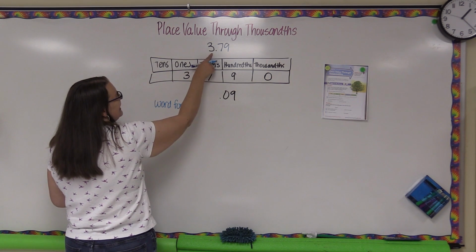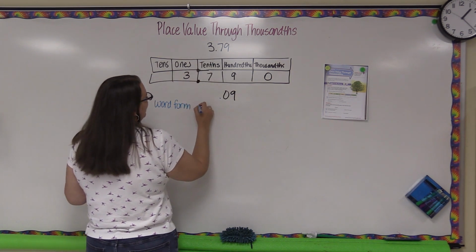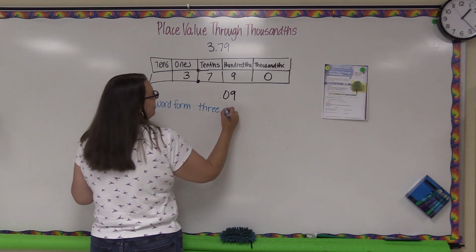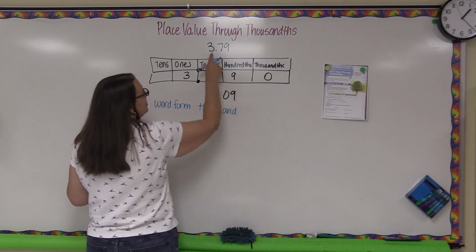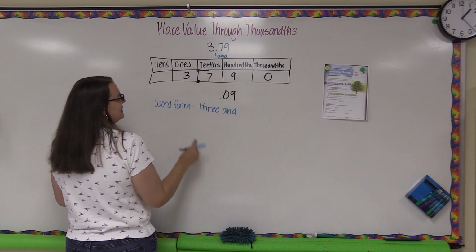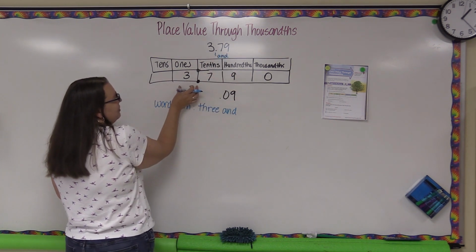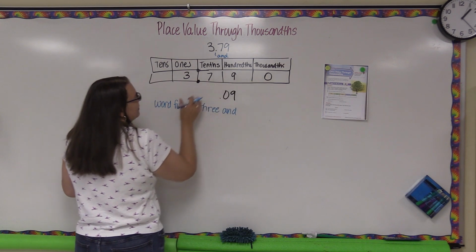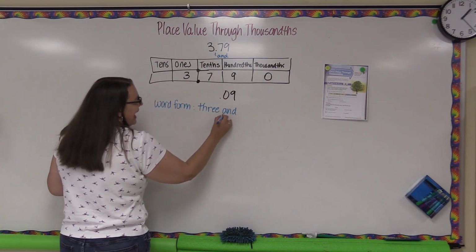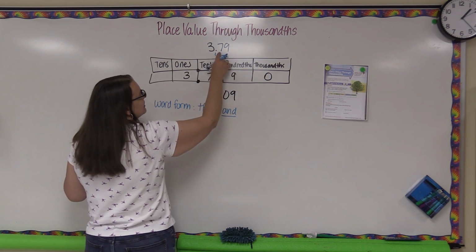If I'm going to say this number, I'm going to write 3, and I'm going to write the word and. Every time you see a decimal, I want you to remember to say and, because I'm separating the whole number from the decimal part of the number. So if I'm writing this in word form, I'm going to write 3 and, let's look at what this is.